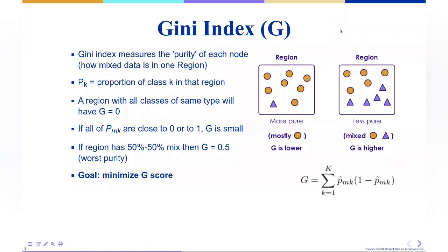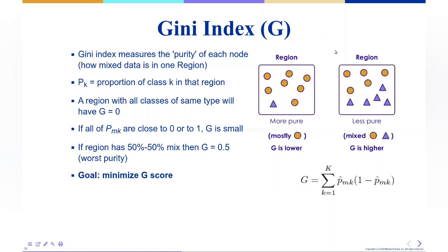I'm navigating a tree, and I land here. When I land here, I can pretty objectively say that I must be a circle, because most of the elements in this region are circles. So if I landed here, I can comfortably predict I must be a circle.